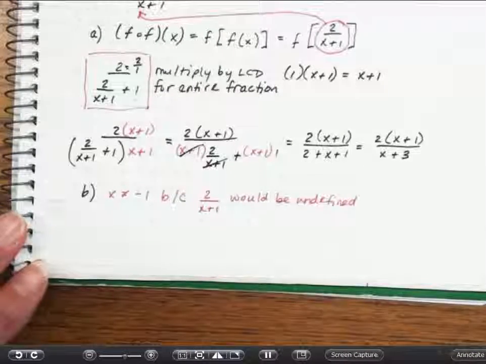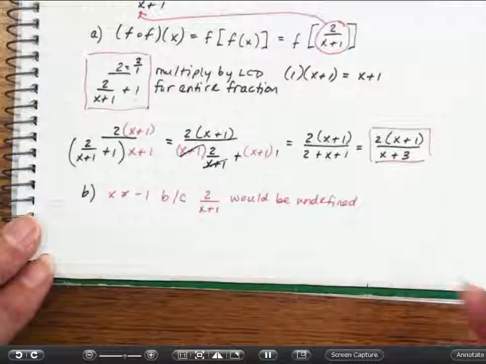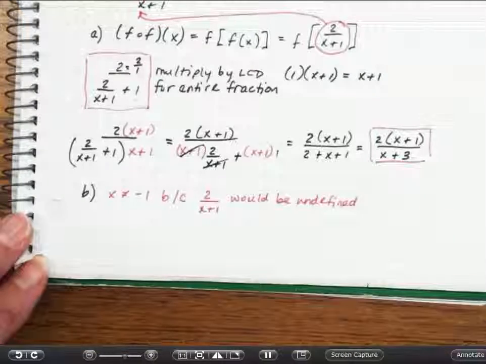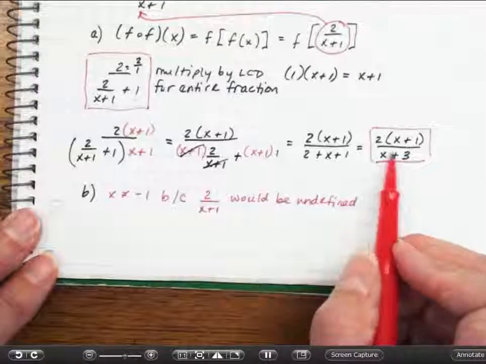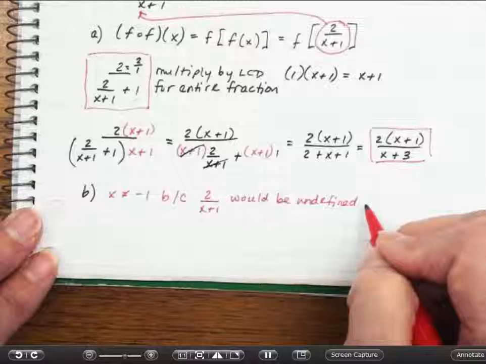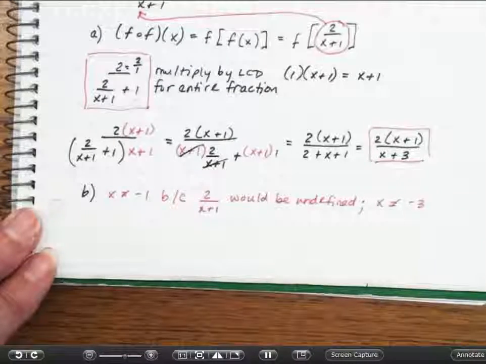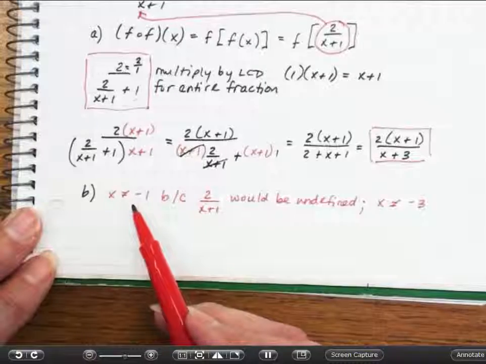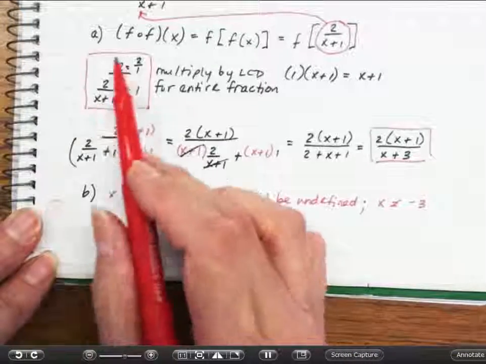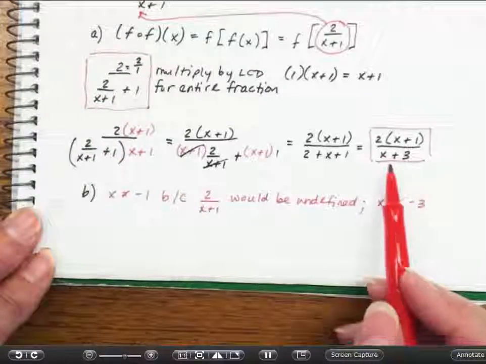Now looking at my simplified version. Looking at my simplified, Lily, what do I know about my simplified version? My denominator cannot be 0, so therefore I know that x cannot be equal to -3. So x can't equal -1, or I wouldn't have a fraction to begin with, and it can't equal -3 because I wouldn't have one at the end.